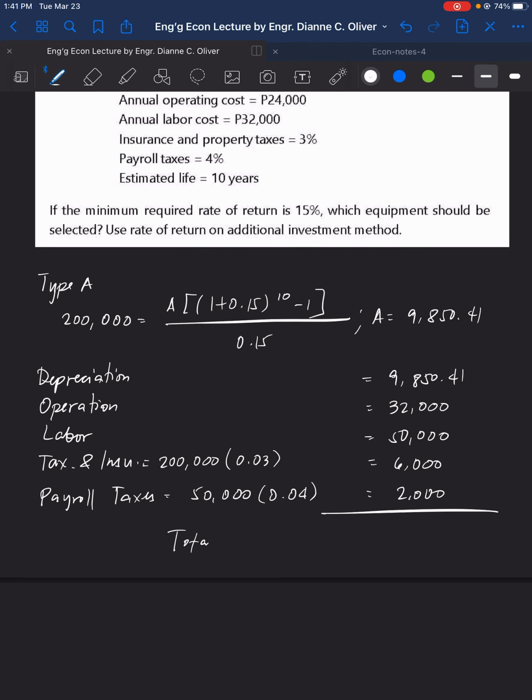Therefore, the total annual cost is now equal to 99,850.41 pesos.